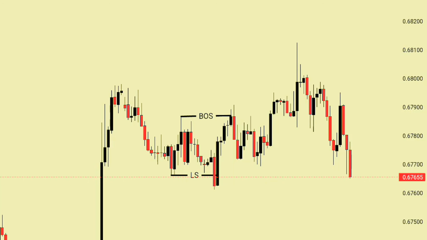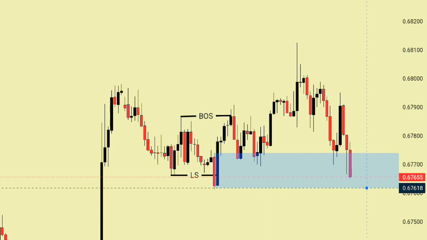Because large players cannot move the market without gathering liquidity from the opposite side. When the market dips and sweeps these lows, it gives the buyers enough liquidity to push the market upward again with strength. So at this point in the chart, we have two confirmations. The structure is bullish and liquidity has been taken. This combination increases the probability of a high-quality, long setup.